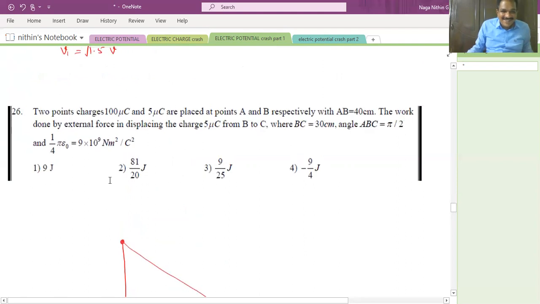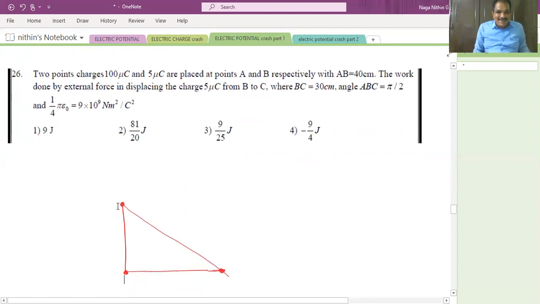Then see, here A, B, C. This is A. This is B. This is C. BC length will be 30, AB length will be 40. Obviously, the hypotenuse AC will be 50 centimeter.